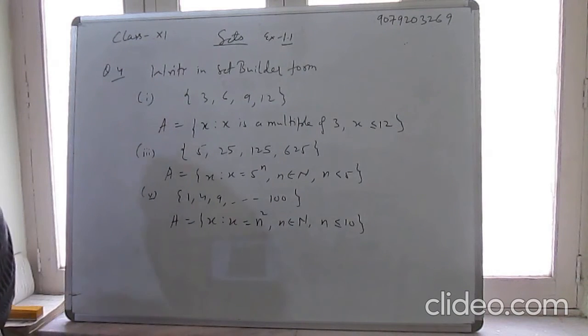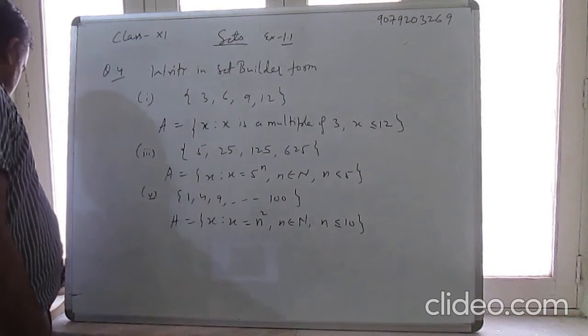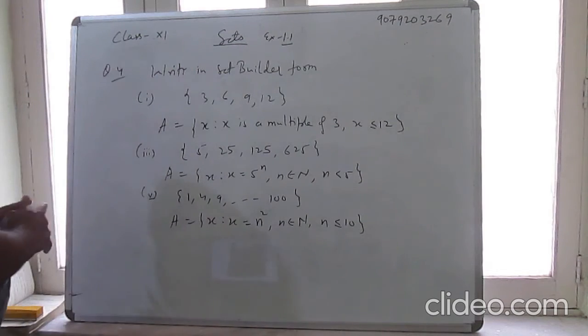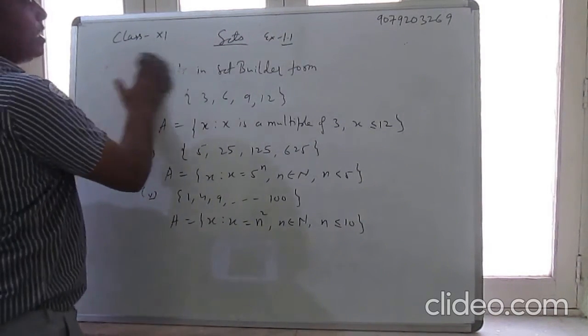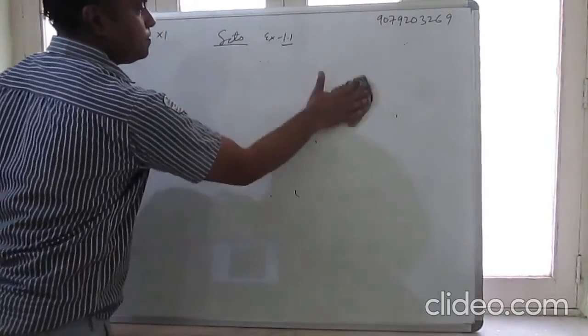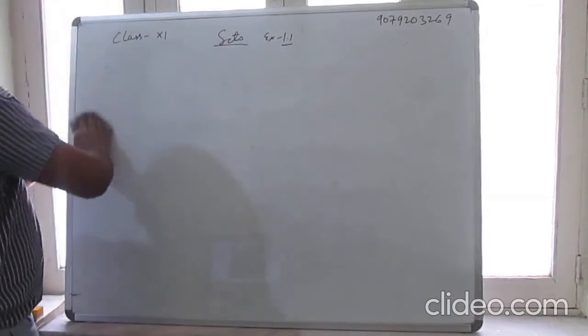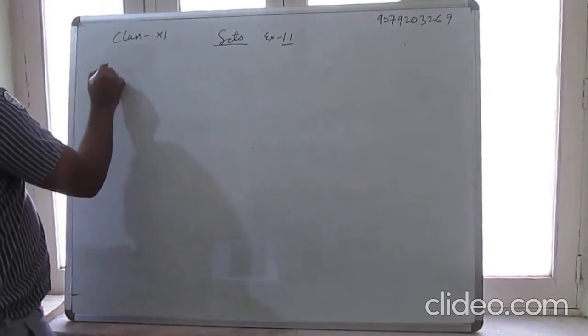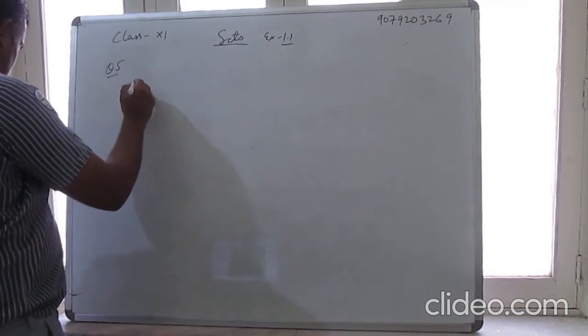Now you list the following elements of the sets. Again you have to write in the roster form. Question number 5.